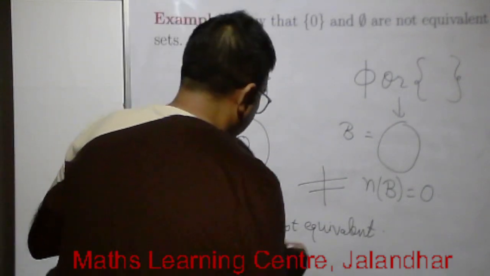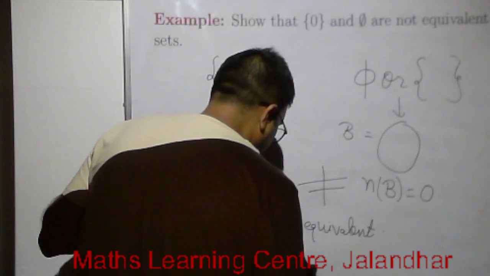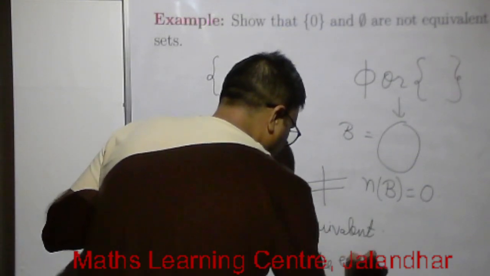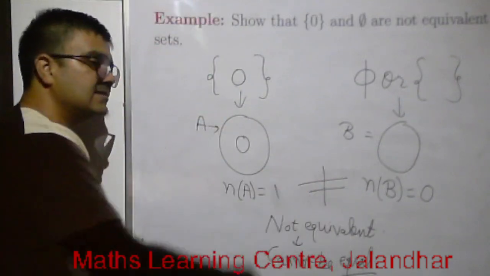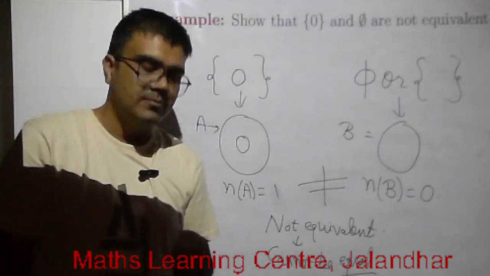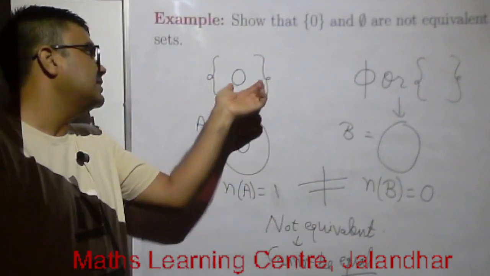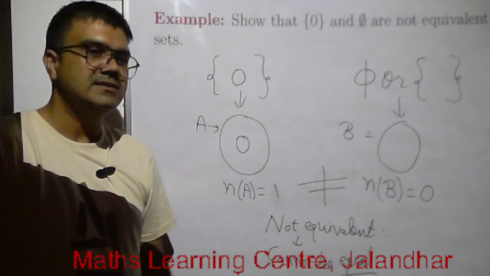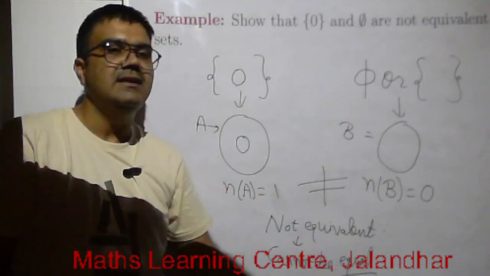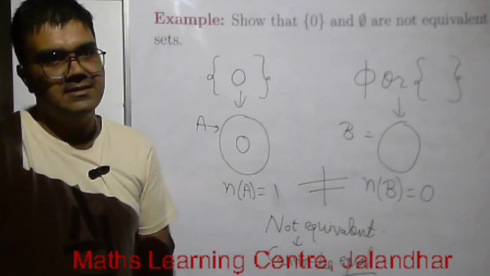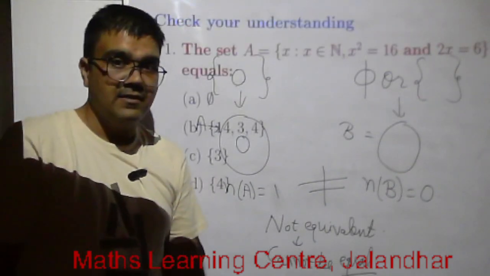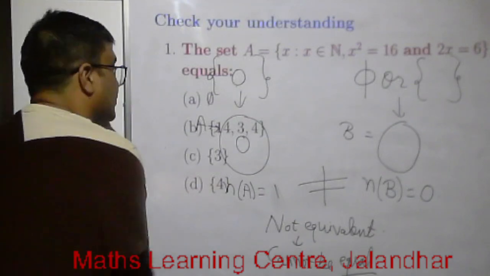If they are not equivalent, then they cannot be equal, because the first condition for equal is that the number of elements should be equal. Moreover, the element over here is 0, there is no element over here, so clearly these two sets are not equal sets. They are not equivalent sets. So this is all we have right now.